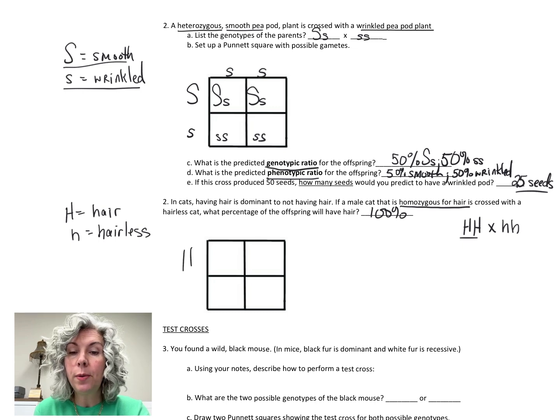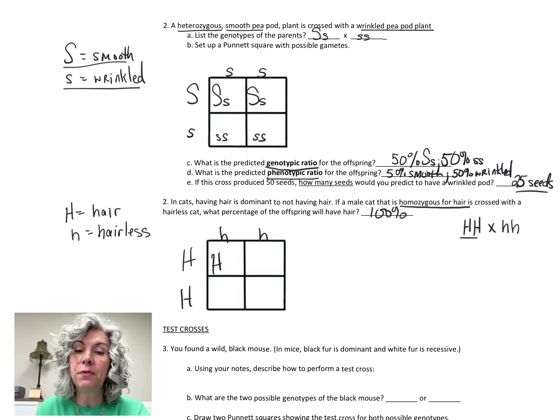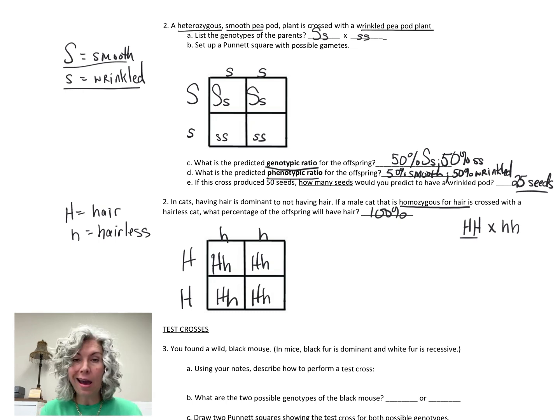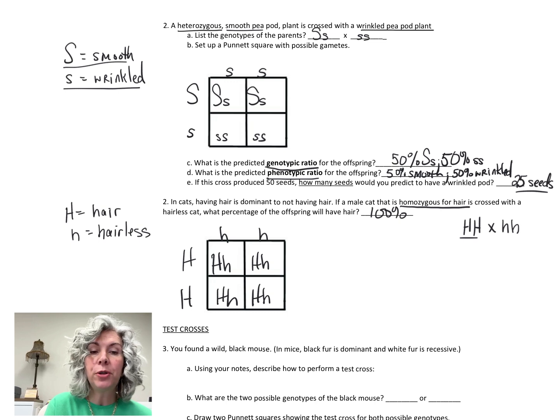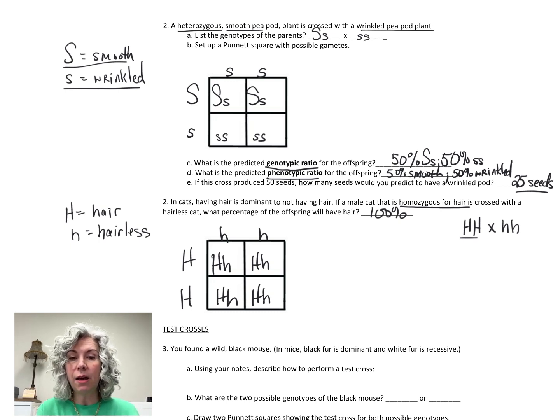I'm going to put one parent down one side, so capital H, capital H. I'm going to put the other parent across the top, lowercase h, lowercase h. And then I'm going to fill in my Punnett square. You can see that every single baby kitten produced from these parents is going to have hair. They all have the capital H, the dominant trait for hair. Now they're all carriers of hairless.